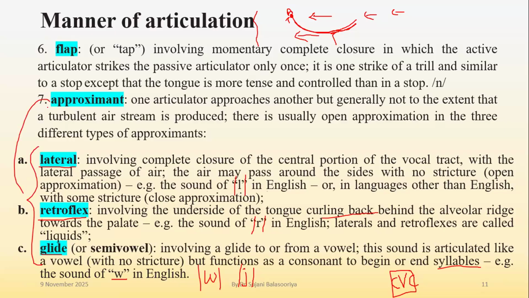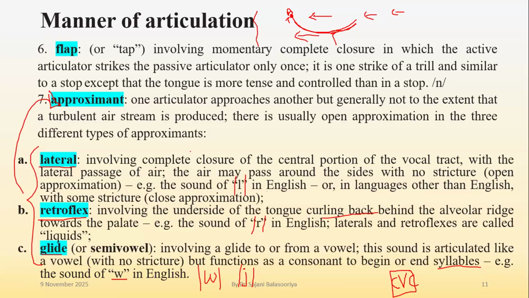I hope you are clear with these three categories, not two, three categories: laterals, retroflex, and glides. One lateral, one retroflex, and two glides, "were" and "ye". All are approximants, where one articulator is slowly approaching the other articulator. To that category we put it. Okay, right. Manner of articulation, I think that's all.